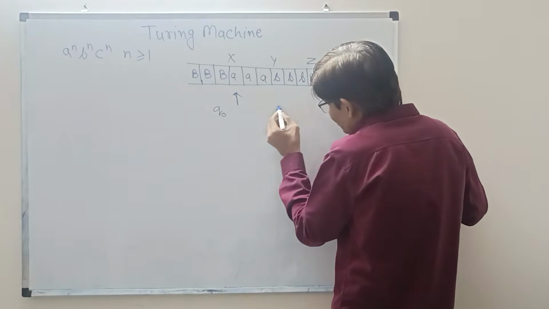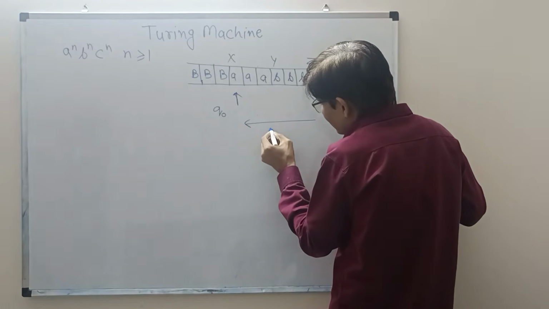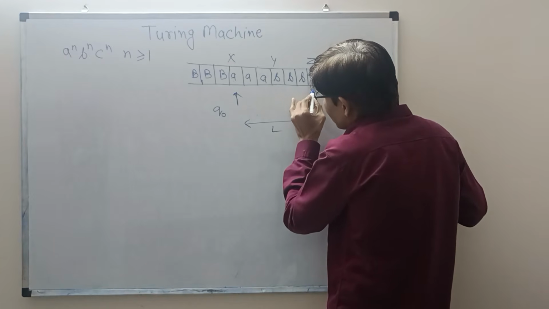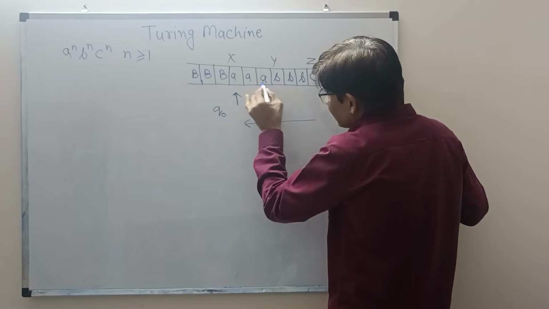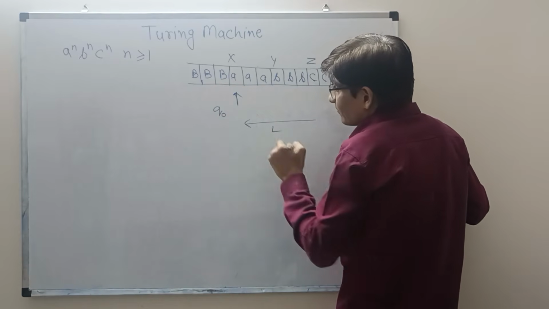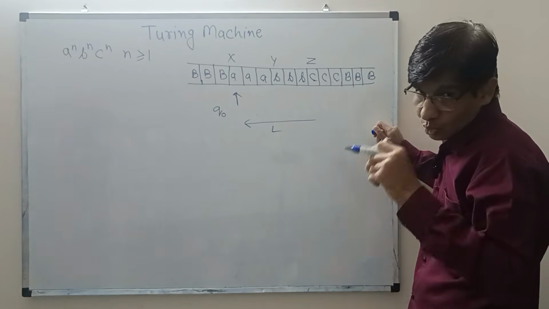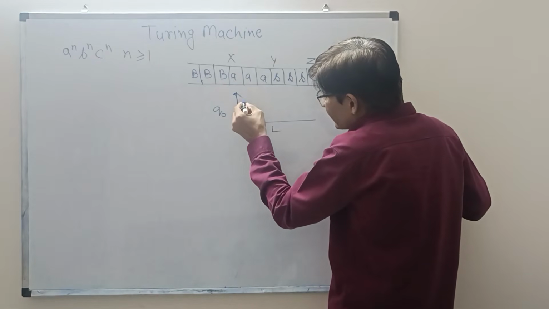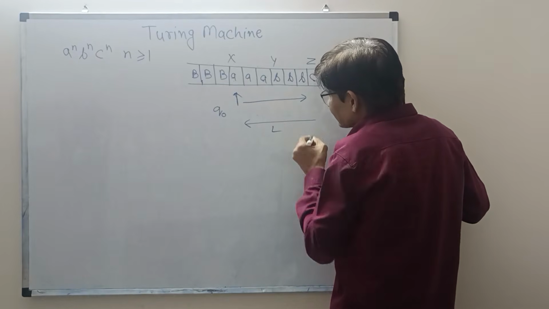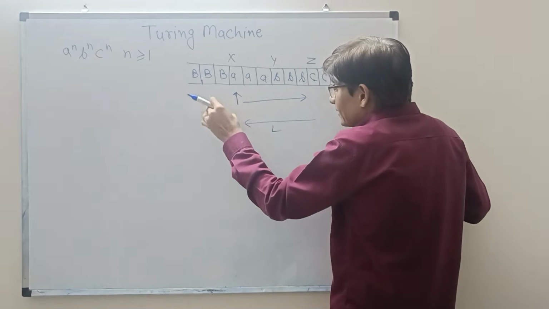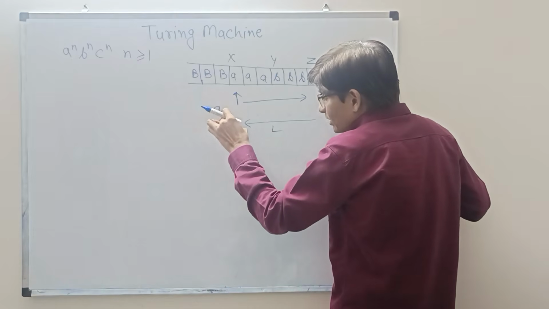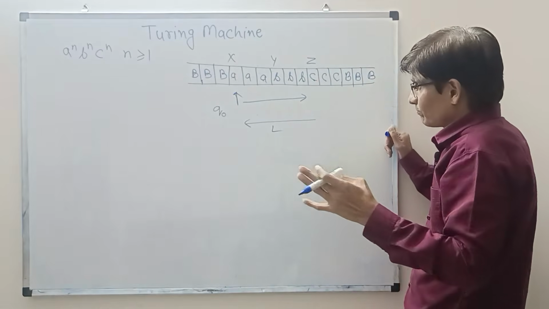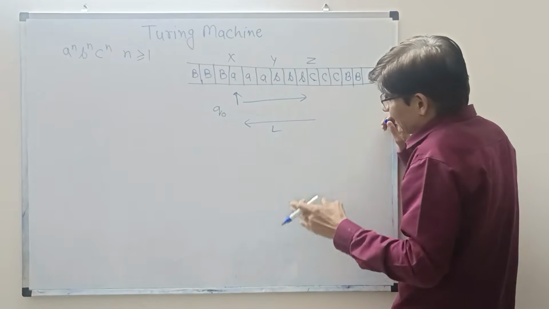You will now move towards the left, and you will skip all the symbols in the reverse journey until you get one X. As you get X, you will reverse the direction again, go back to q0, and repeat the same process.